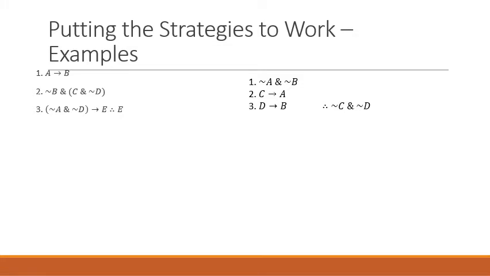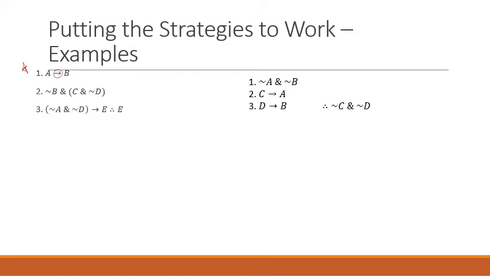Okay, the best way to discuss these strategies is to put them into practice with some examples. I've got some examples on these next two slides, and we'll go through them while talking about our strategies. I'm going to do the one on the left first. I'm going to start by talking about what types of sentences we're dealing with.